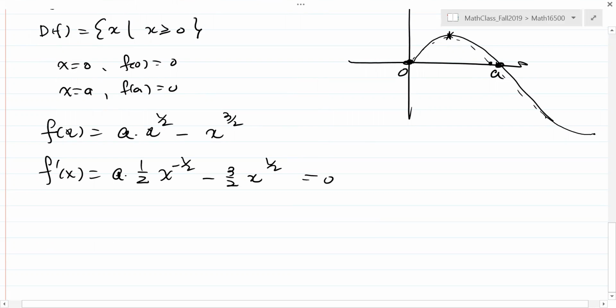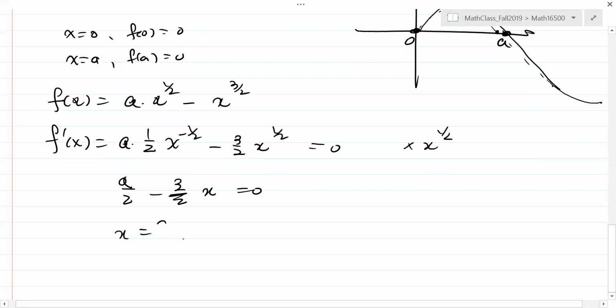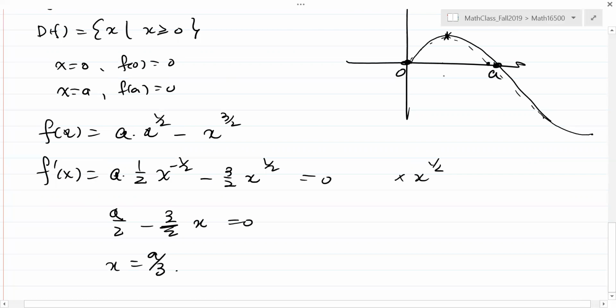How do I solve it? I multiply both sides by x to the 1/2. And then I get a/2 minus 3/2 x equals 0. So this is a very simple equation. x equals a over 3. So that is a critical number.